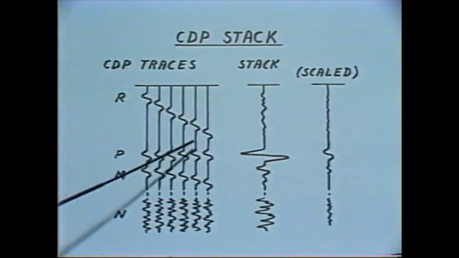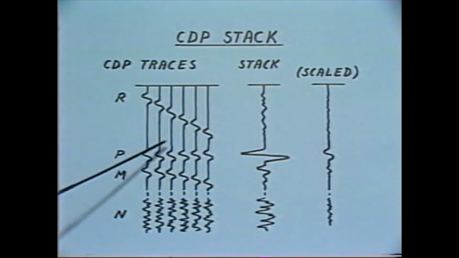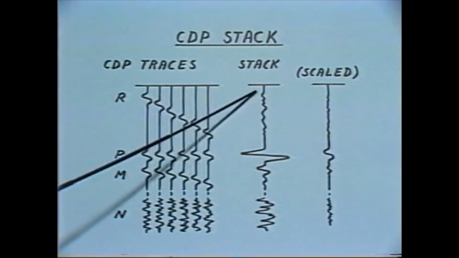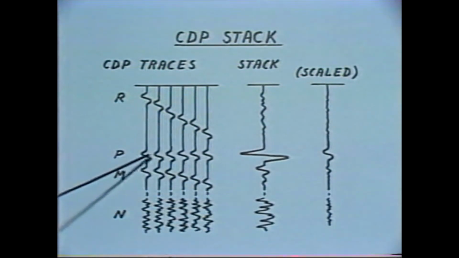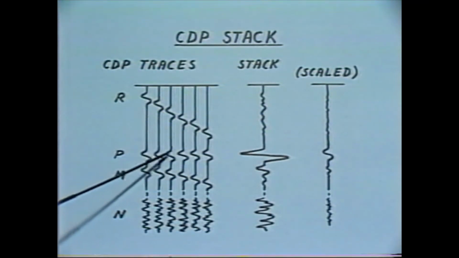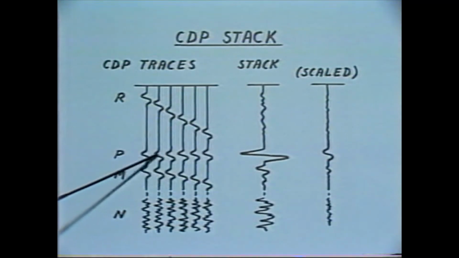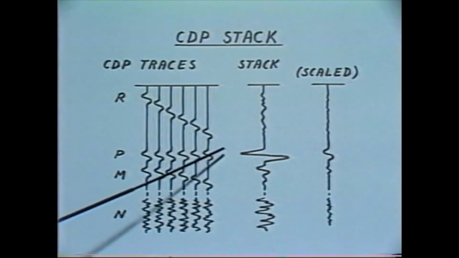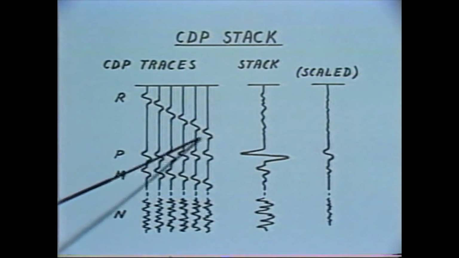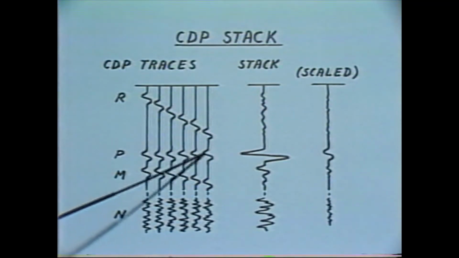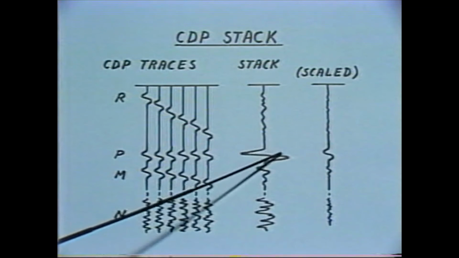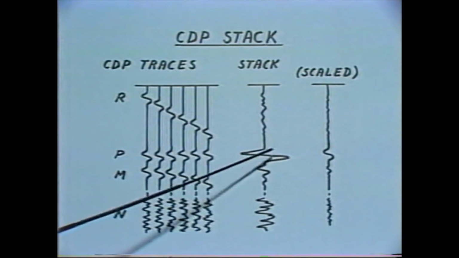Now, when those traces are summed together in the common depth point stacking process, we would tend to obtain a trace looking like this. Because the primary events are at the same time on each trace, we would be summing together similar amplitudes on each trace. So in general, with a summation of 6 traces such as this, the amplitude of the primary reflection would increase by a factor of 6.